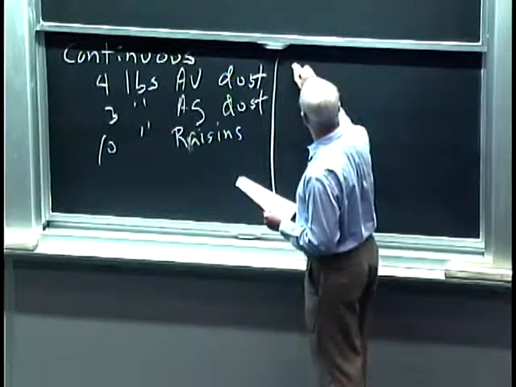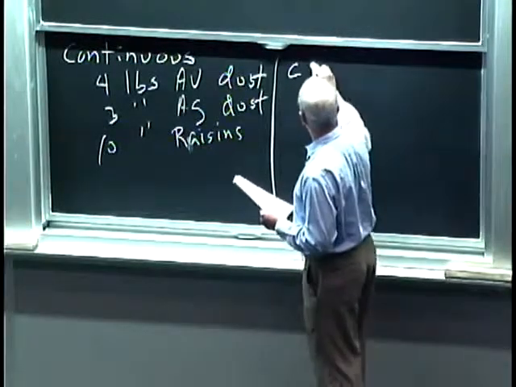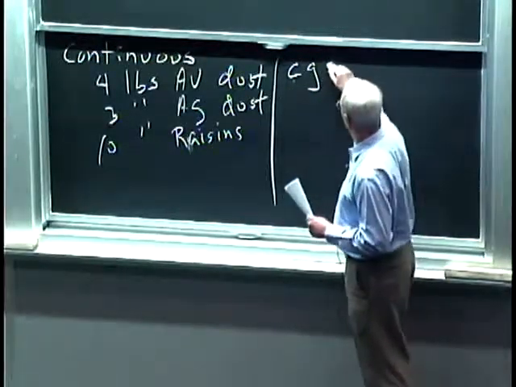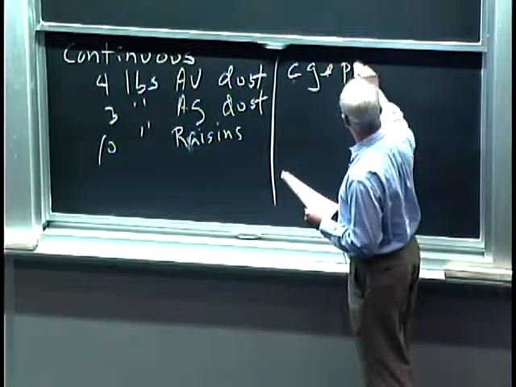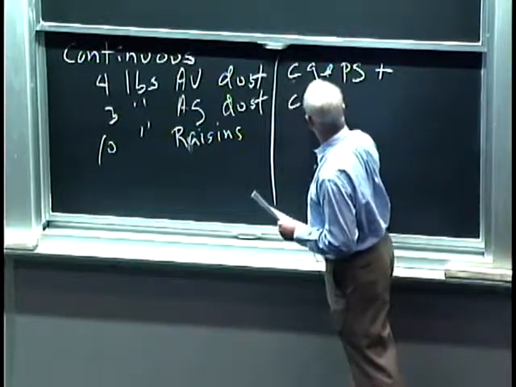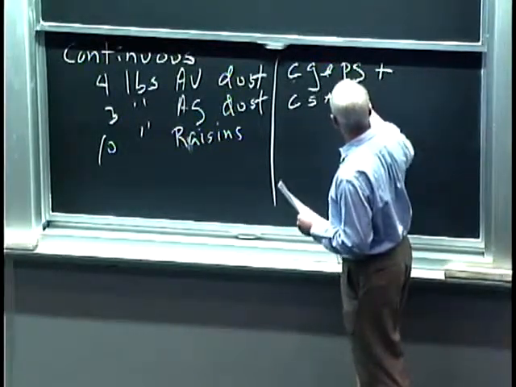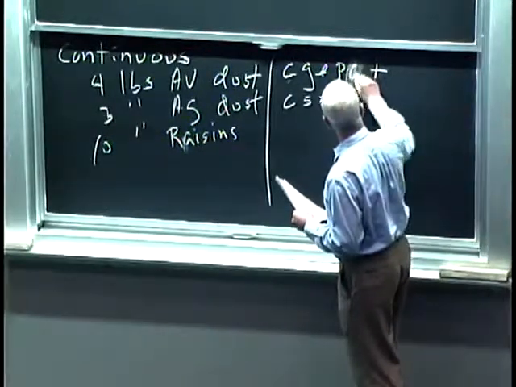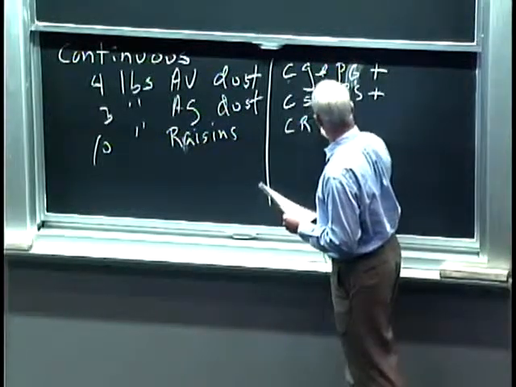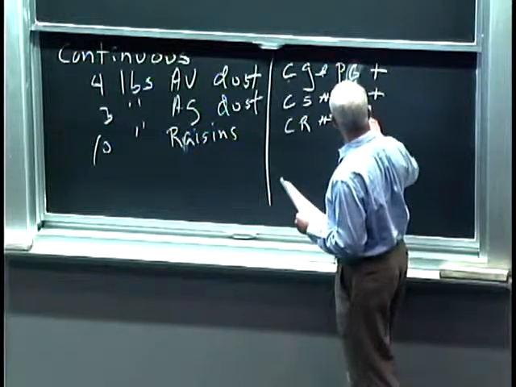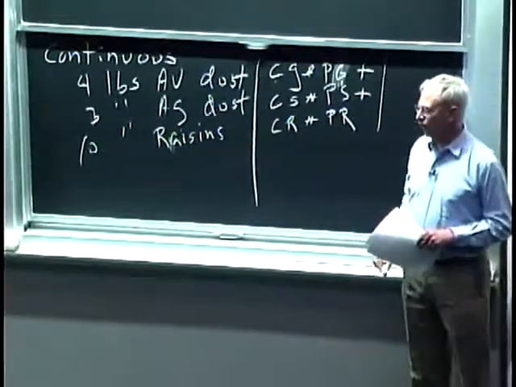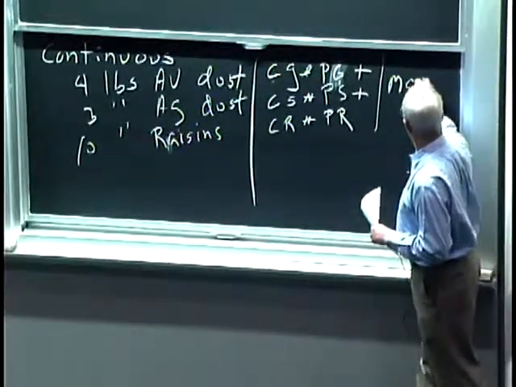Well, let's say it's some amount of the cost or the value of gold times however many pounds of gold plus the cost of silver times however many pounds of silver, plus the cost of raisins times the number of pounds of raisins. So that's the function I want to optimize. I want to maximize that function.